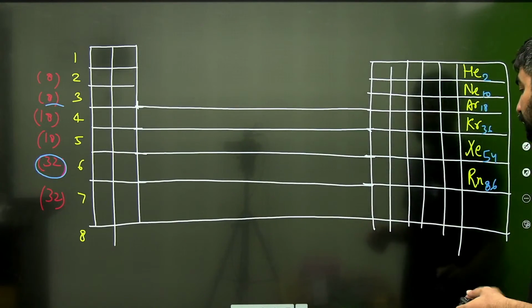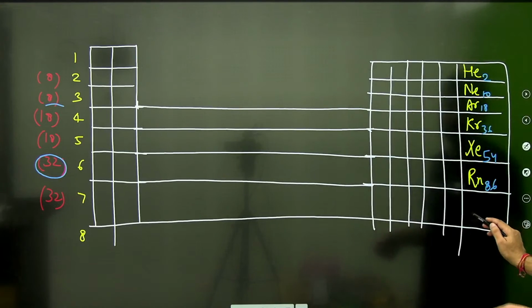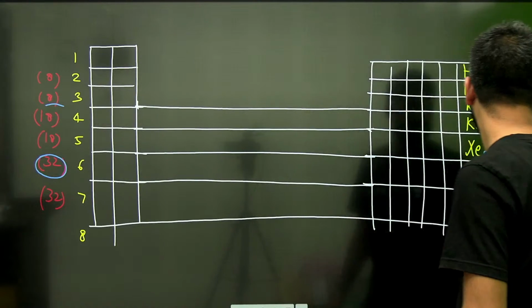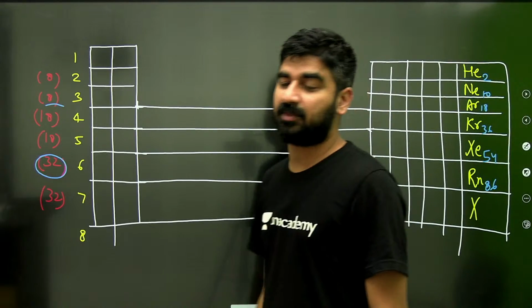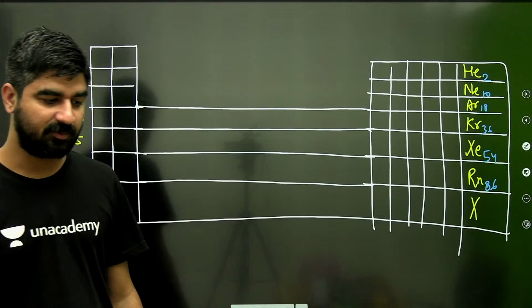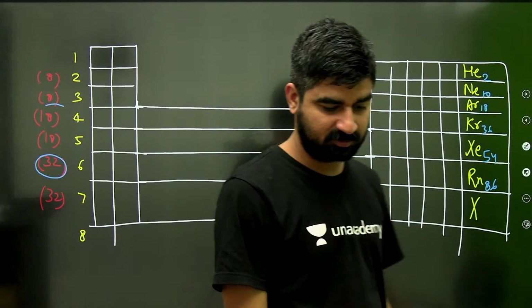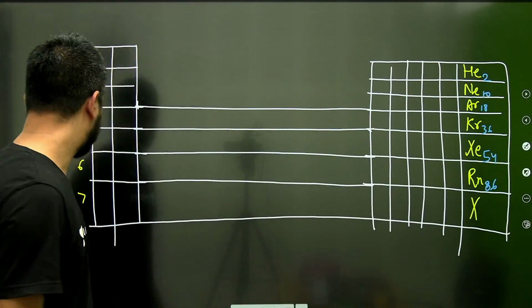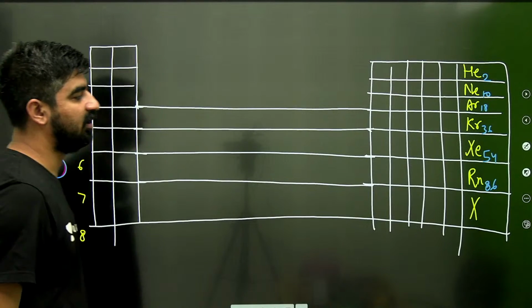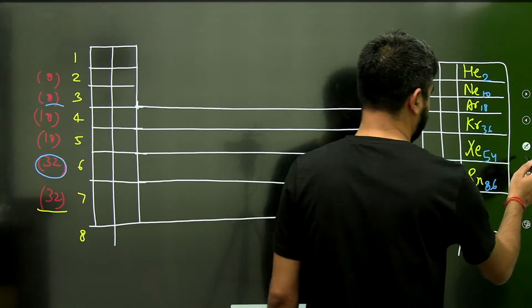So can you tell me now, if some element is discovered here, can you tell me the atomic number of that element? Yes guys. So in the 7th period, how many elements are there? 32.